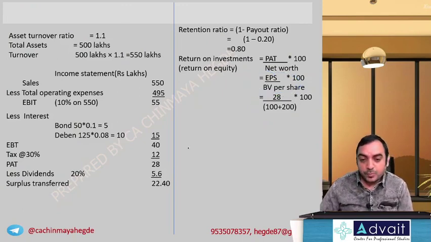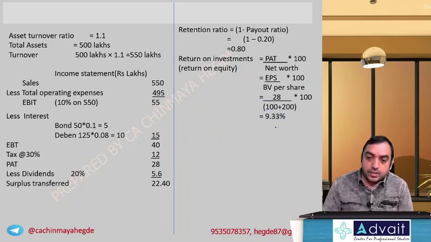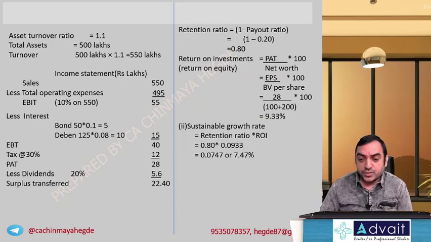Total PAT 28 over share capital plus reserves and surplus, that is your net worth. Return on equity 9.33%. Retention ratio 0.8 multiplied by return on equity 9.33. That's what you get. The growth rate of 0.0747 or 7.47%. Please write down till here.